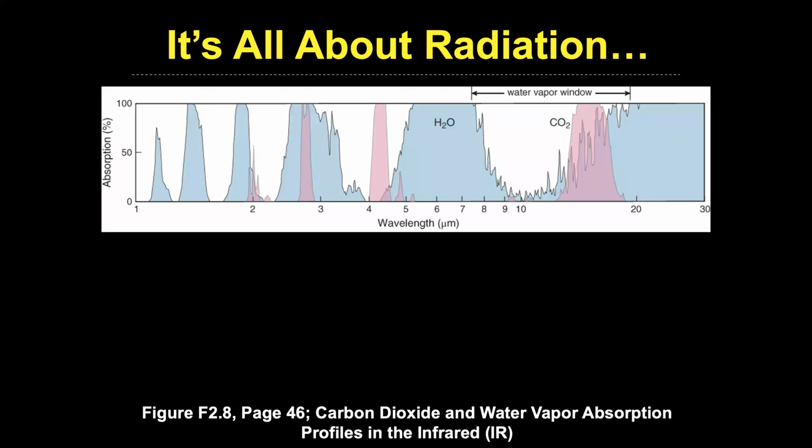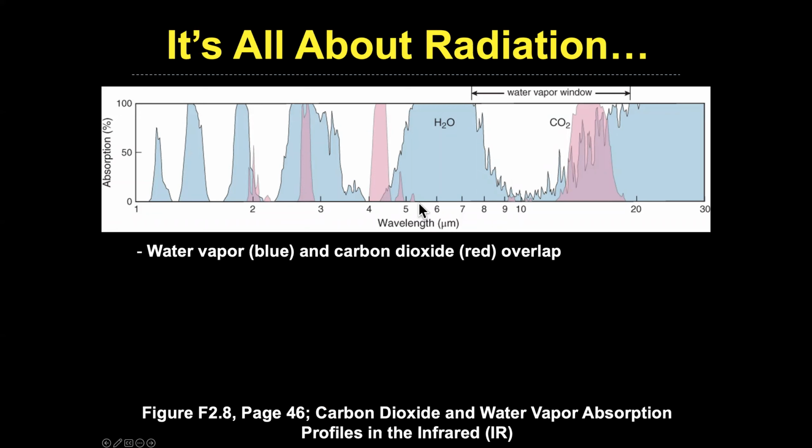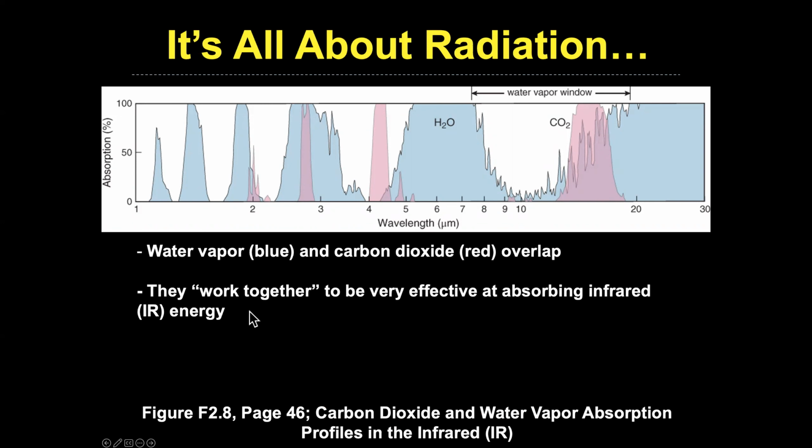All right, so again, it's all about radiation. Imagine a graph. This is the wavelength here, right? Water vapor in the blue, carbon dioxide in the red. And where they overlap, for example, here, they work together to be a very effective absorber of infrared energy.